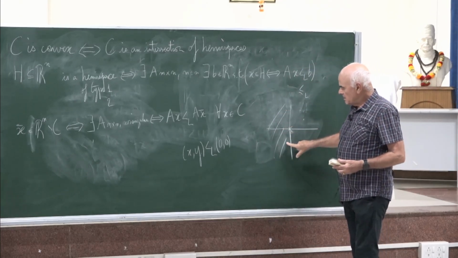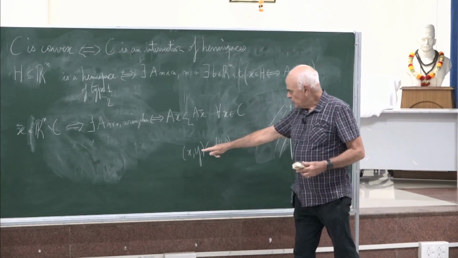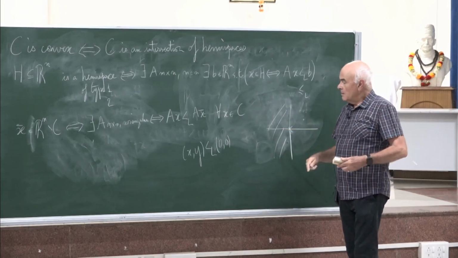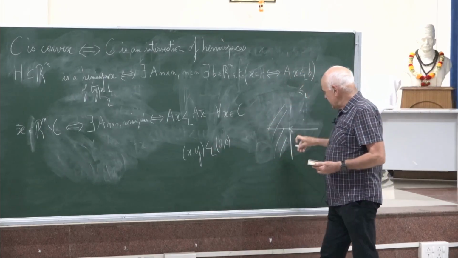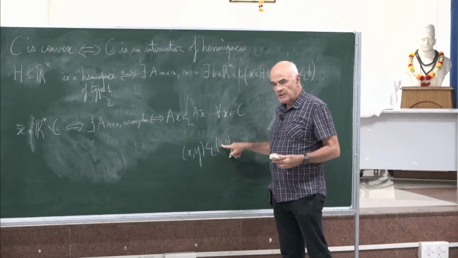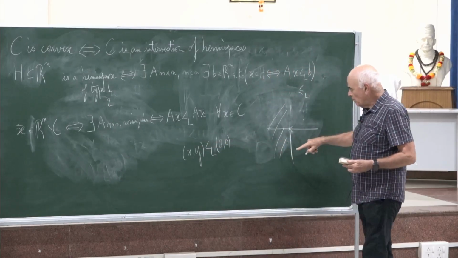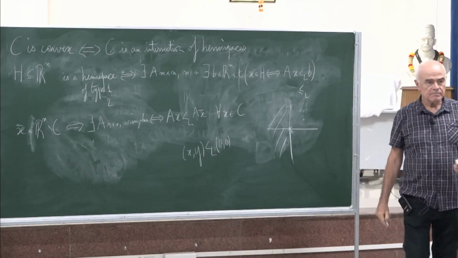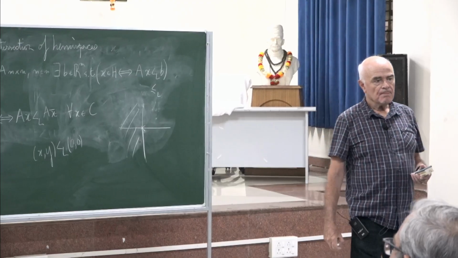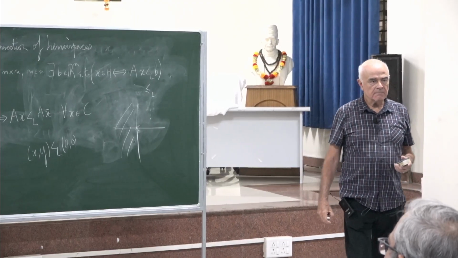Which are the elements here? Those for which x is less than 0, plus those for which x equals 0, the first component coincides, but the second component, y, is less than 0. Is this clear?